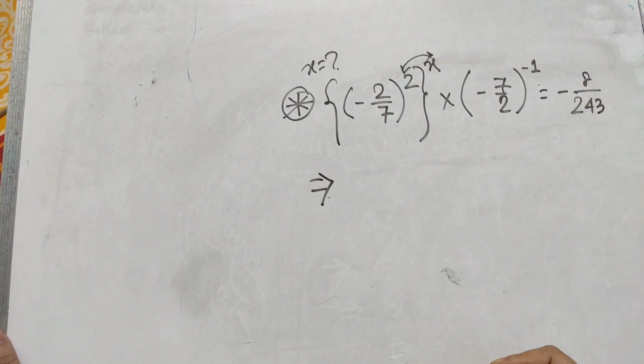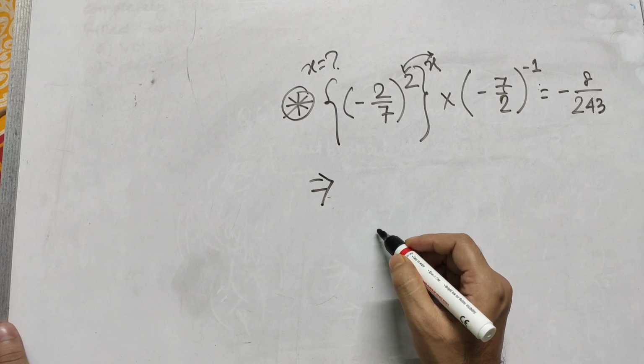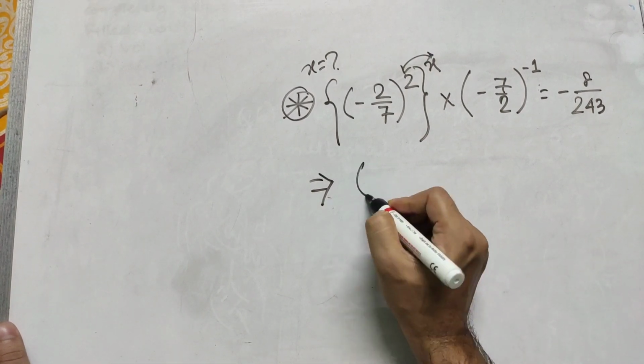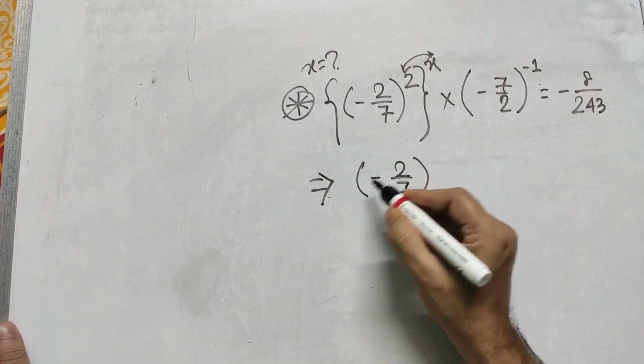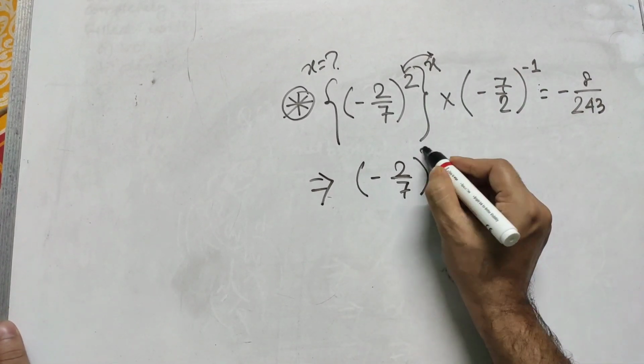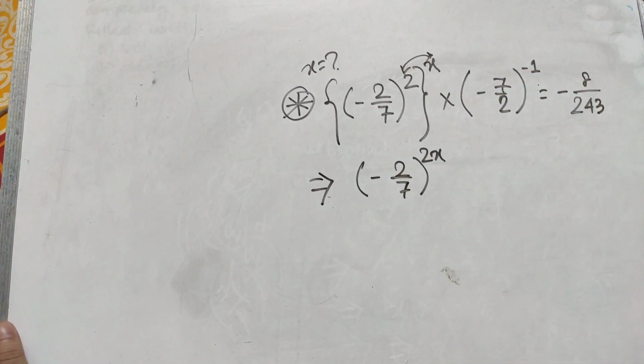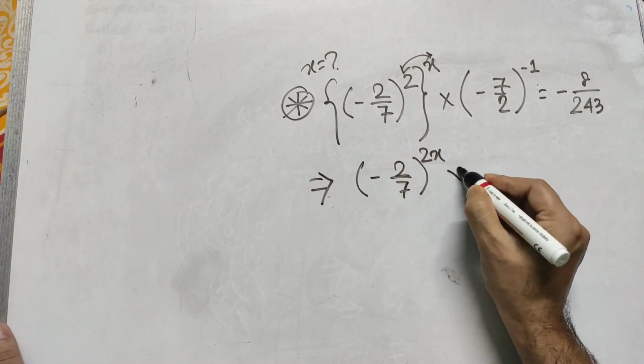The powers are going to be multiplied. Minus 2 by 7 into minus 2 by 7 to the power 2x. 2 is multiplied with x, so we have 2x into.